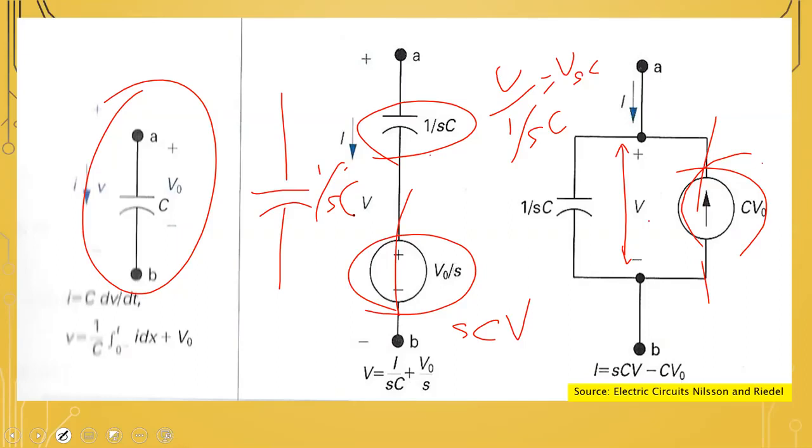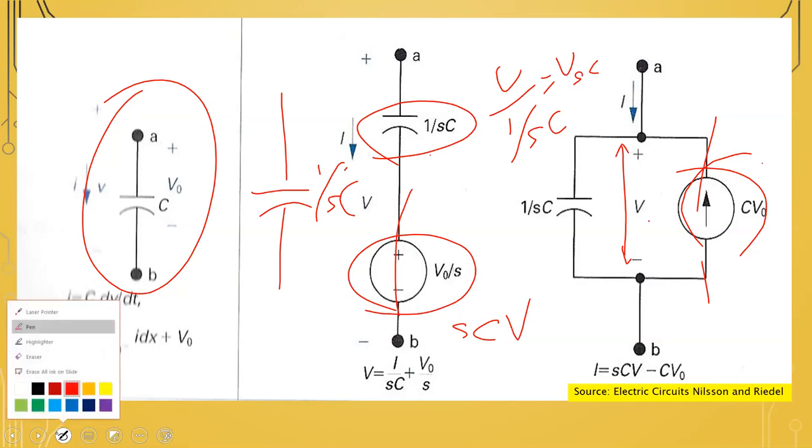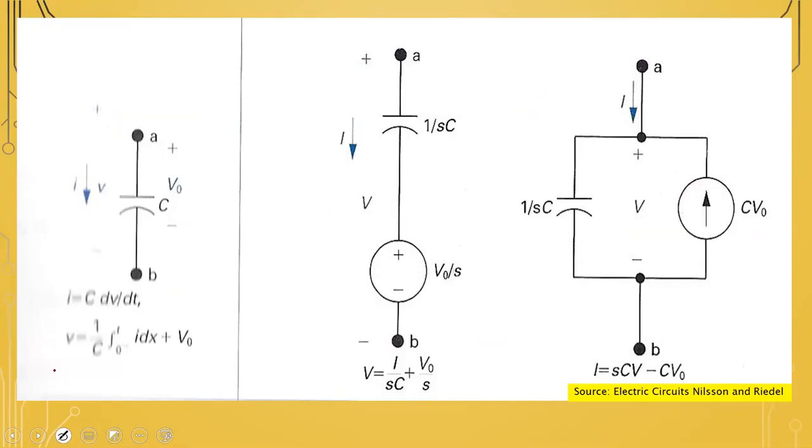So the three representations we now have for our components: R remains R, L becomes SL, and C becomes 1 over SC.